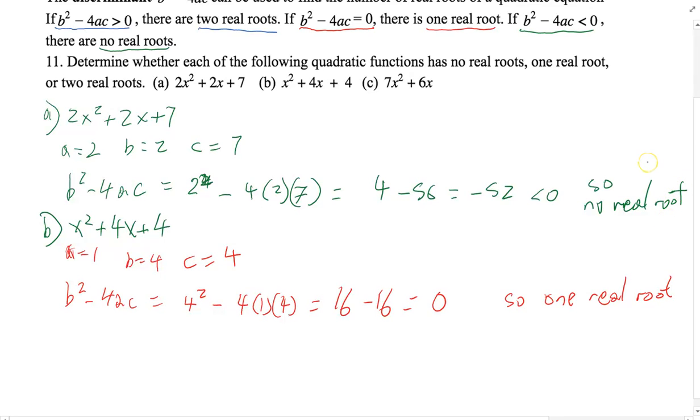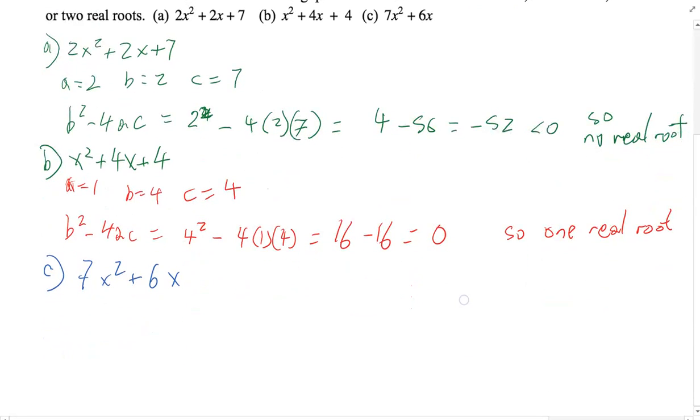And so let's look at the final one. C, that is 7x squared plus 6x. What is happening there is that a is equal to 7 and b is equal to 6. But there's no c, so c equals 0.